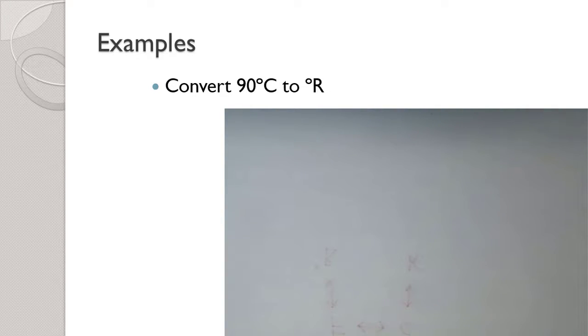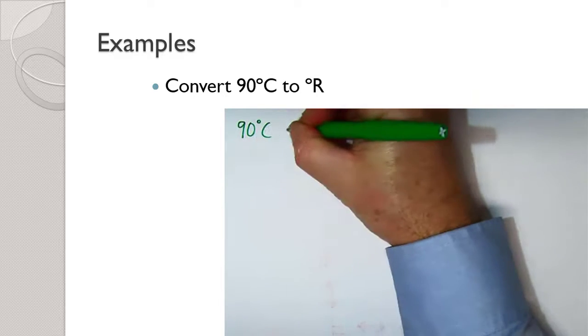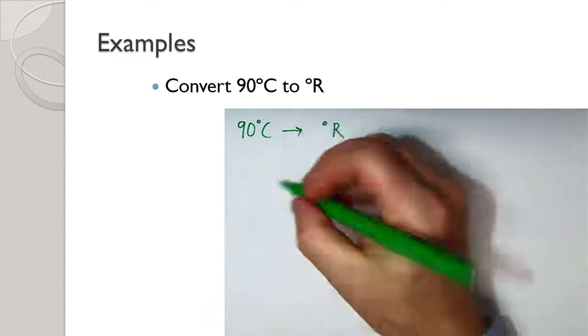Let's convert 90 degrees Celsius to degrees Rankine. So 90 degrees Celsius, and we want to go to degrees Rankine. First we'll go from Celsius to Fahrenheit.